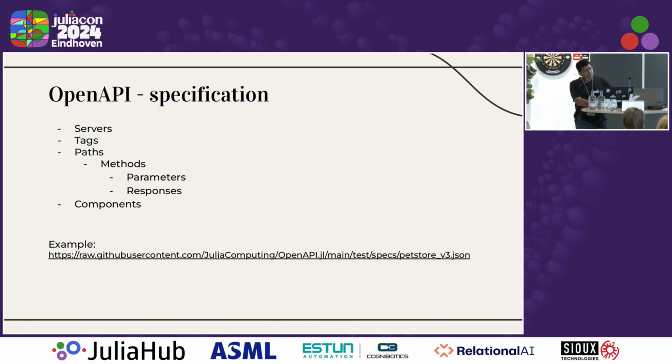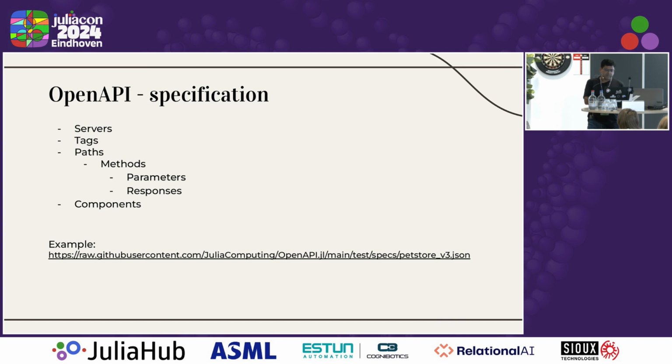A little bit about how the specification looks. The spec is a JSON file or JSON-like file. So it could be a YAML, for example, or it could be JSON. It has sections for servers, which mention where the API can be found. It has tags, which let us categorize the APIs into different types of APIs. And then the APIs themselves.